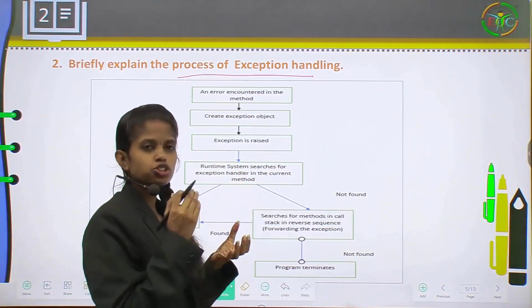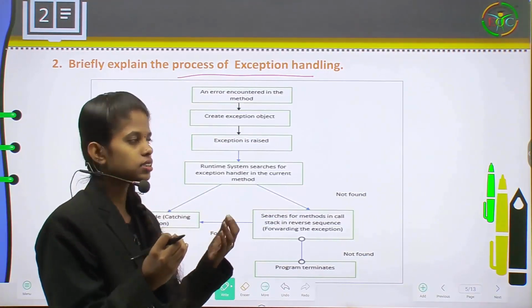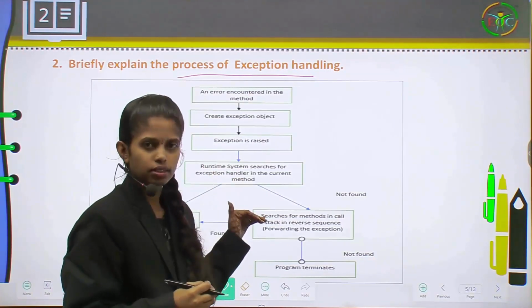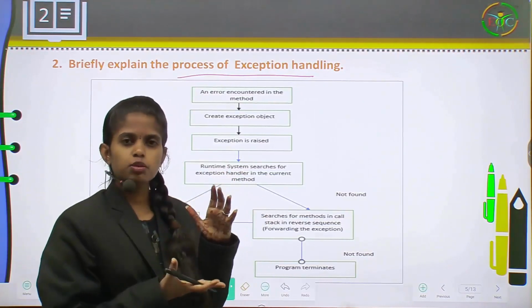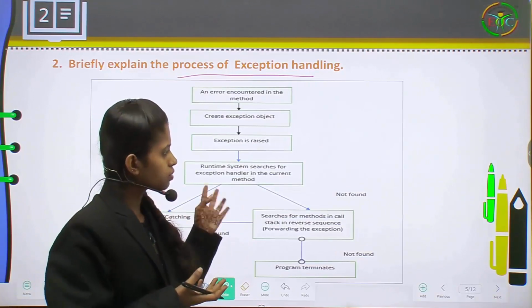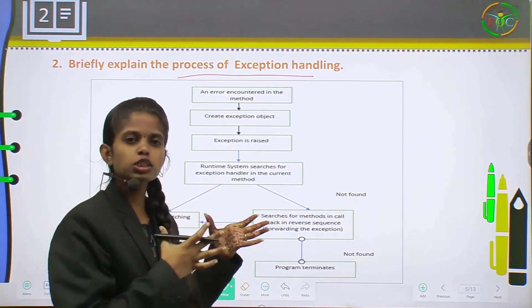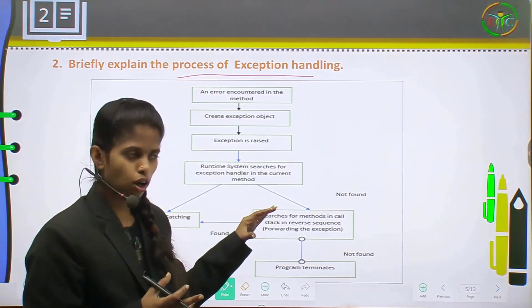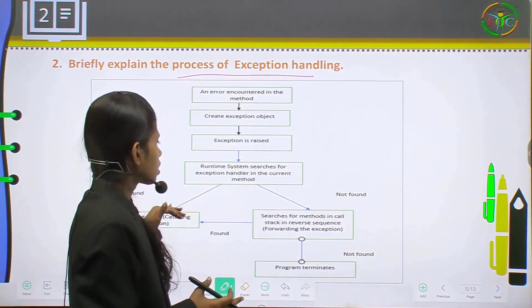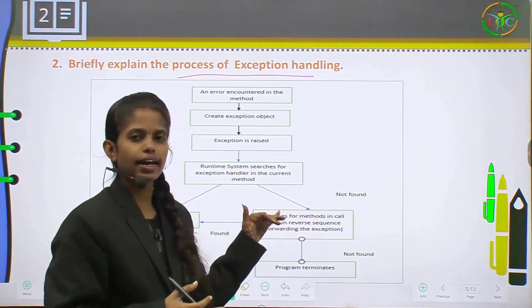The runtime machine should search for the appropriate exception handlers in the current method. If there is any exception handler in the current block or current method, that will be executed, or else if it is not specified in that particular block, it will be checked in the reverse sequence in the stack.